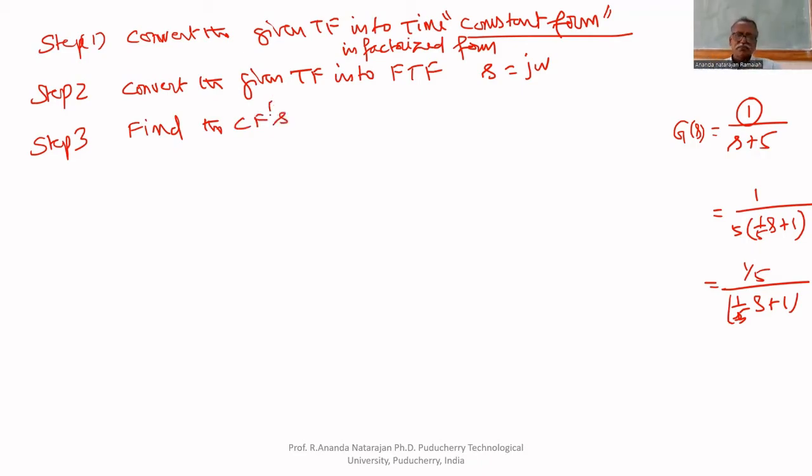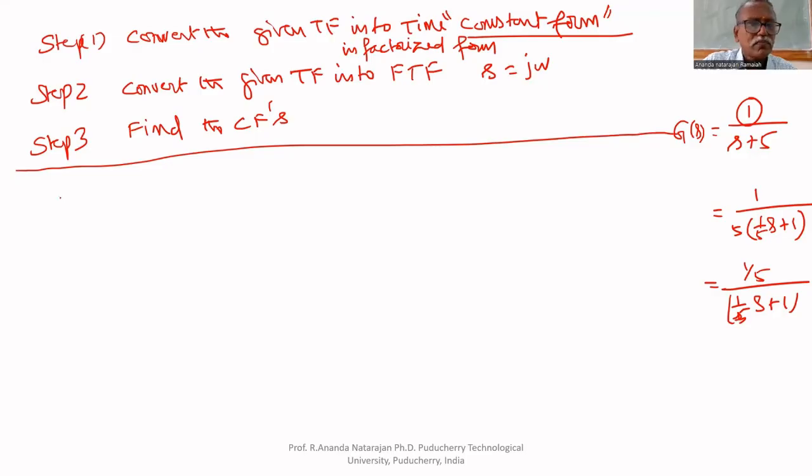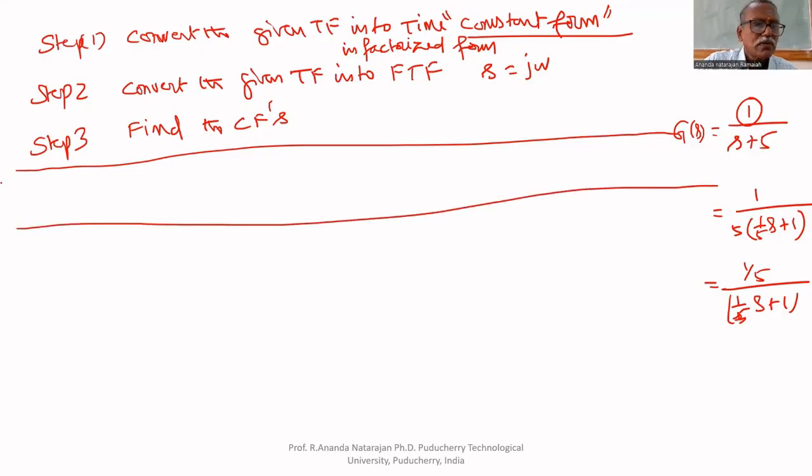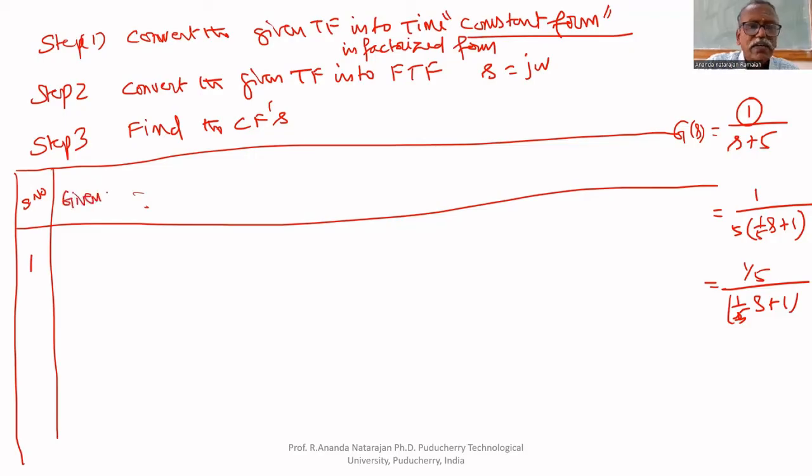Corner frequencies. After finding corner frequencies, we have to draw a table. The first column is the given factor. The second one is the corner frequency.